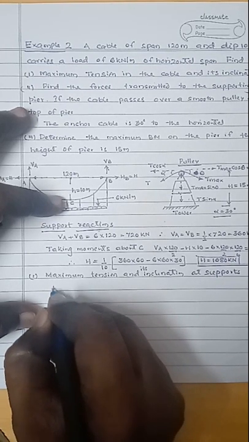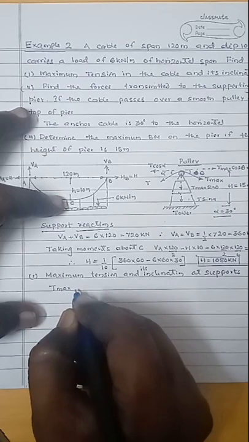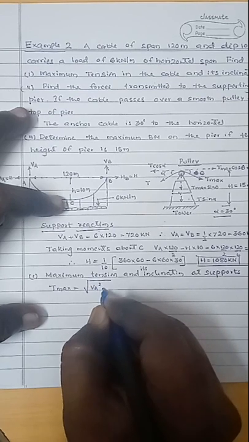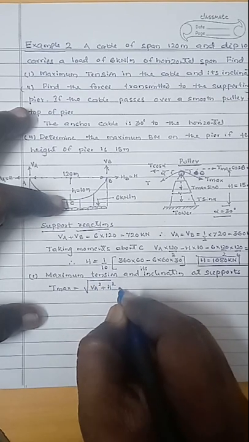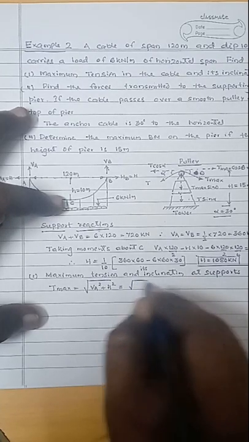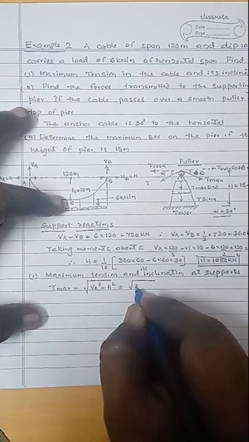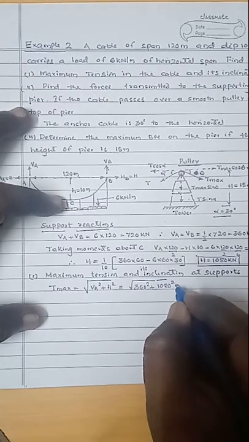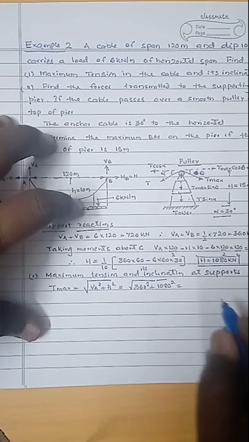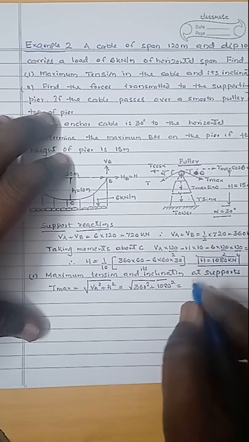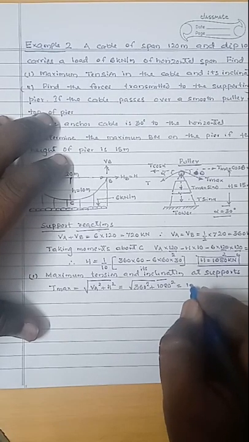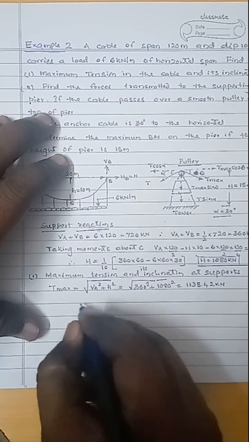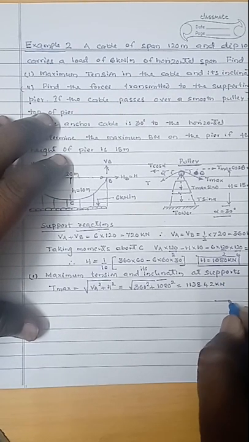Then T maximum equals square root of Va square plus H square, or Vb square plus H square, that equals 360 square plus 1080 square, which equals 1138.42 kilonewton.